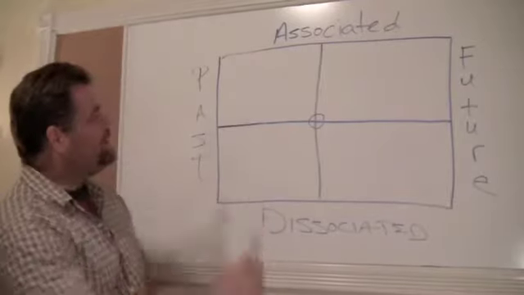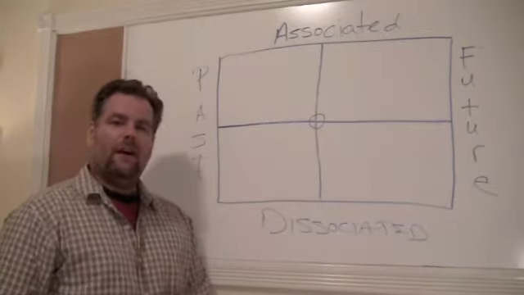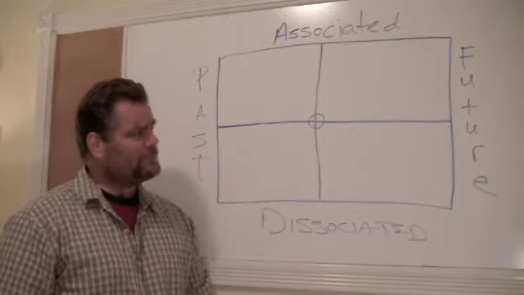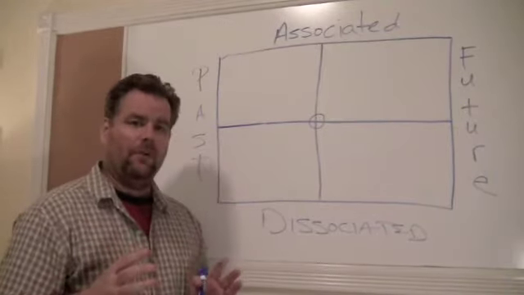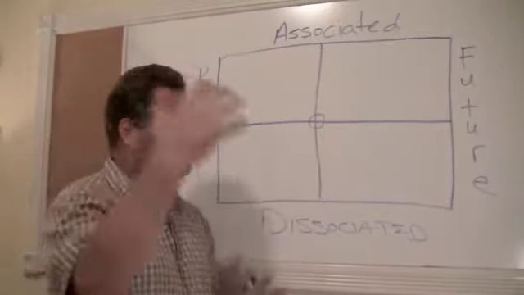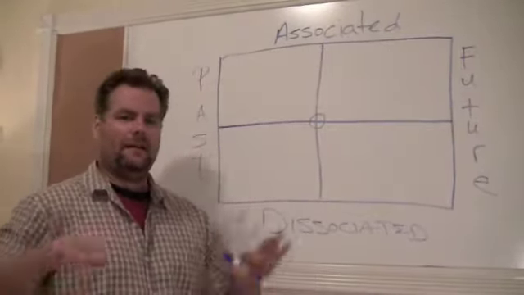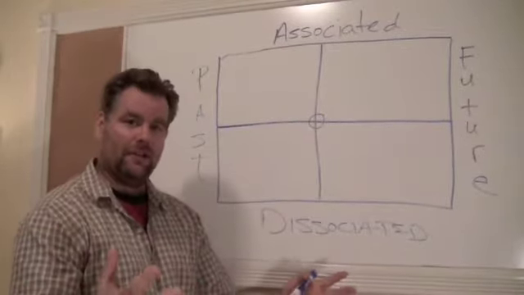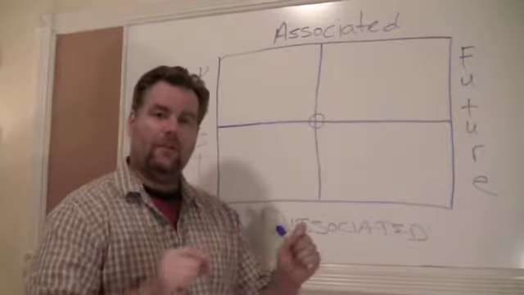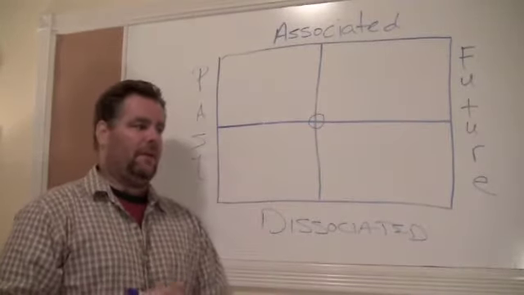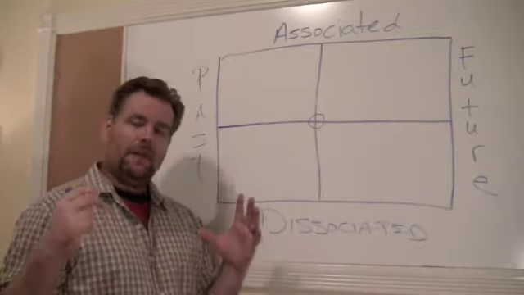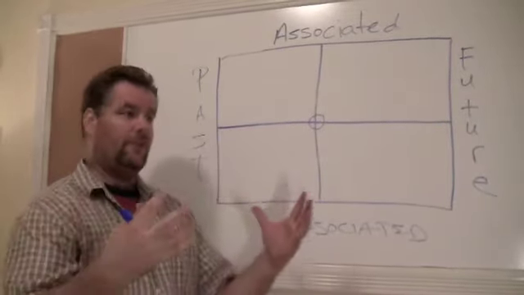This is something that we developed years and years ago at NLP Santa Fe. It's called the Quad Map. And this is an example of structural thinking, of taking the whole bunch of stuff that's going on in our minds and giving it a structure, making sense out of it, and learning to work with it. When we do that, we develop a tremendous amount of clarity and control over what's going on in our minds.